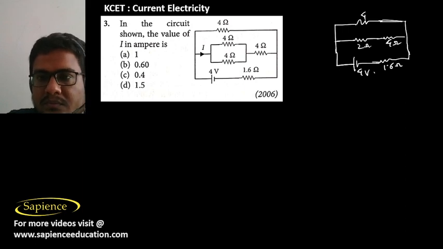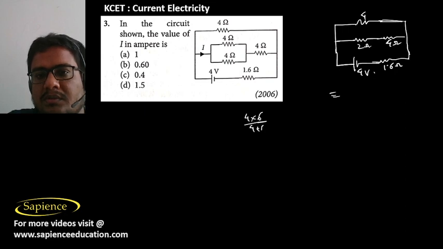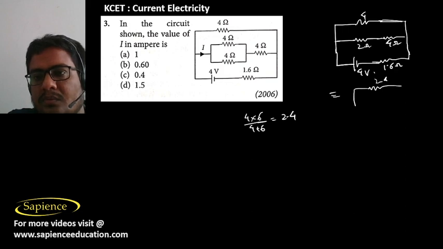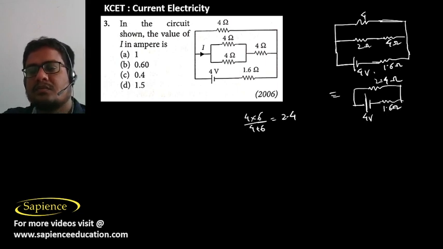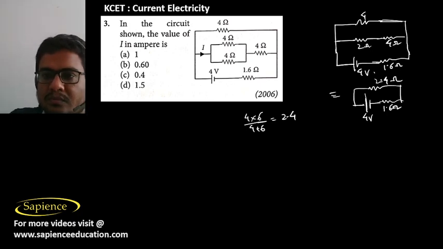Here we have 1.6 ohm and this is 4. Now the equivalent resistance of these two, this is 6 and this is 4, is 4 into 6 by 4 plus 6. So this is 24 by 10, that is 2.4 ohm. This is 4 volt. This is 0.6 ohm. Now 1.6 plus 2.4 will be 4 ohm.